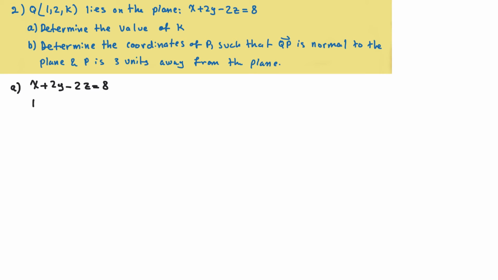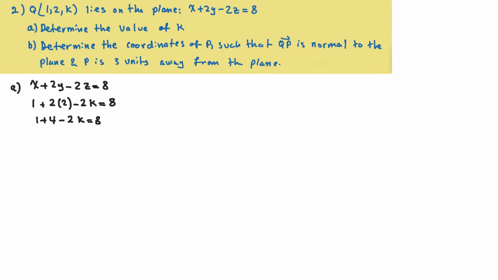The x value is 1, the y value is 2, the z value is k, and that's equal to 8. So 1 plus 4 minus 2k is equal to 8.